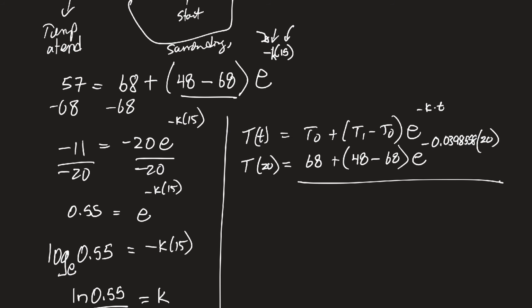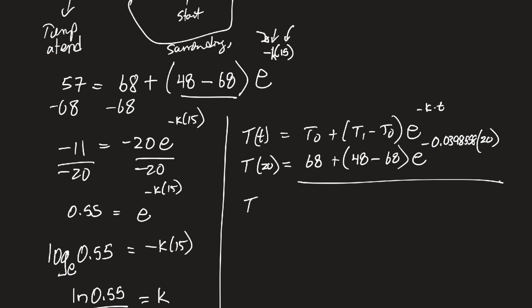Now I just have to plug this into my calculator. So 68 plus bracket 48 minus 68 bracket, e to the, and then in brackets I'm going to put negative 0.0398558, times the time was 20 minutes, 20, close my bracket, done.